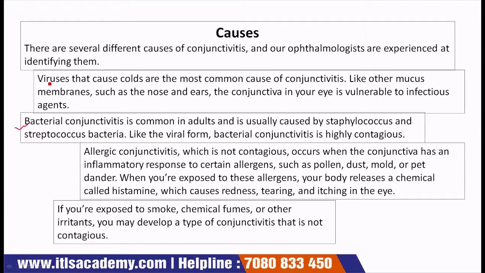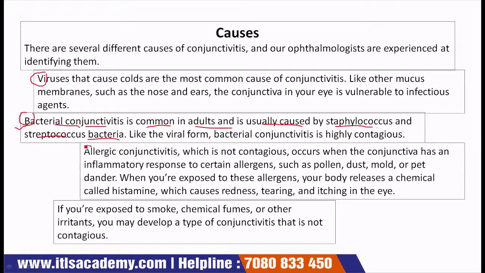Next point is, bacterial conjunctivitis is common in adults and is usually caused by Staphylococcus and Streptococcus bacteria. We are discussing the agents that are responsible for causing conjunctivitis, in which we have discussed viruses and now we are discussing bacteria.